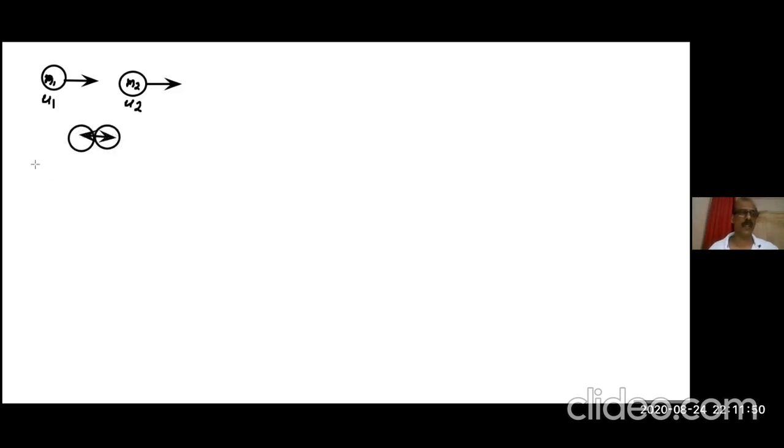Draw this diagram. Now this becomes m1 v1 and this becomes m2 v2, moving like this. This is object A, this is object B.